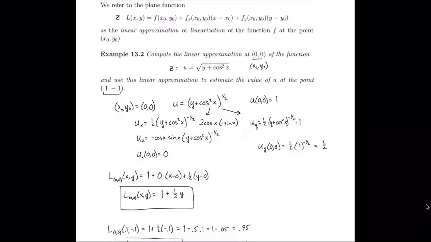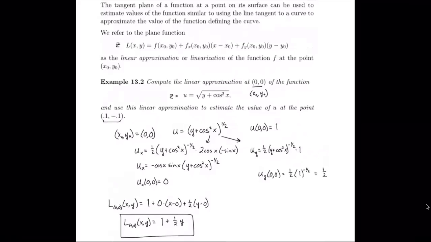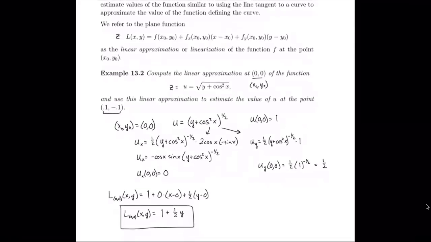Okay, so we're going to build our linear approximation around the origin, or the point 0, 0. And we notice that the point 0.1, negative 0.1 for an xy coordinate is not too far from 0, 0. So it's probably a reasonable point to approximate the value of this function through this linearization function.